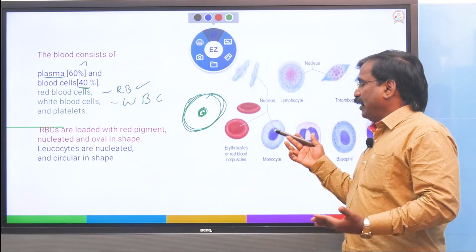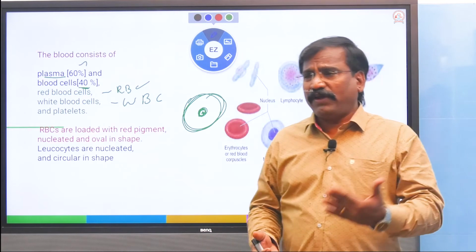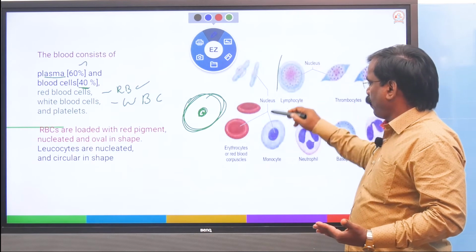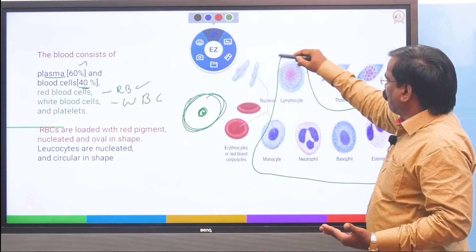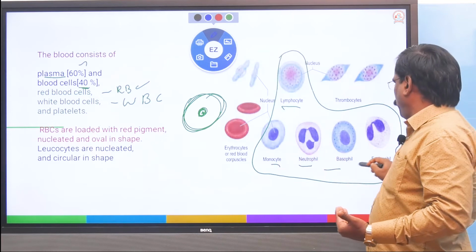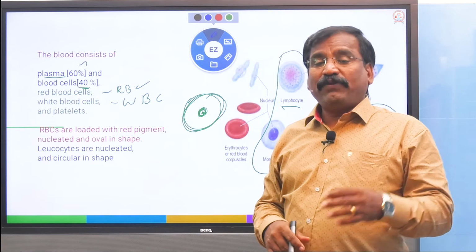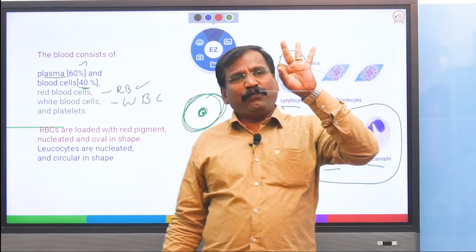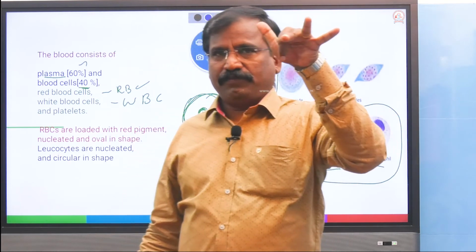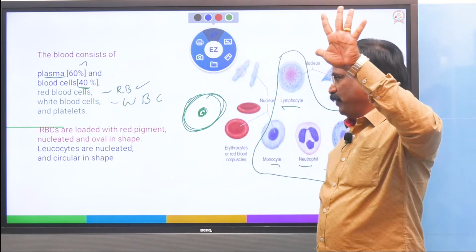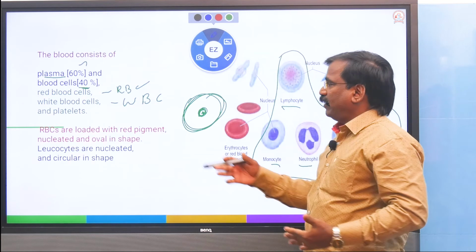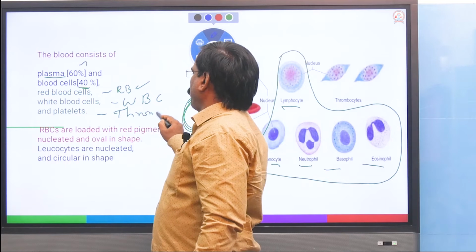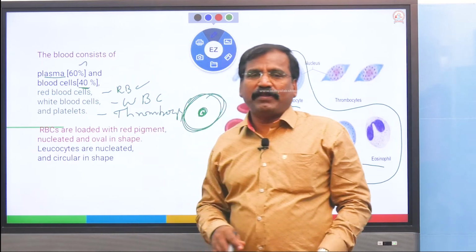Coming to the leukocytes or WBC, in humans also there are 5 types: lymphocyte, monocyte, neutrophil, eosinophil, and basophil. And platelets, the other name is thrombocytes, are responsible for blood coagulation.